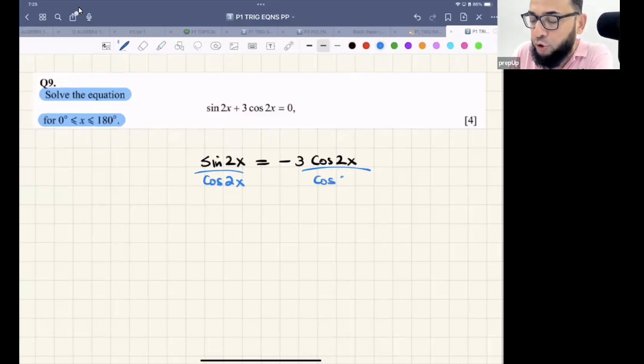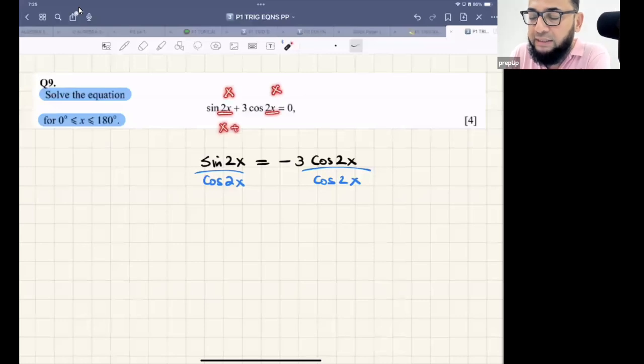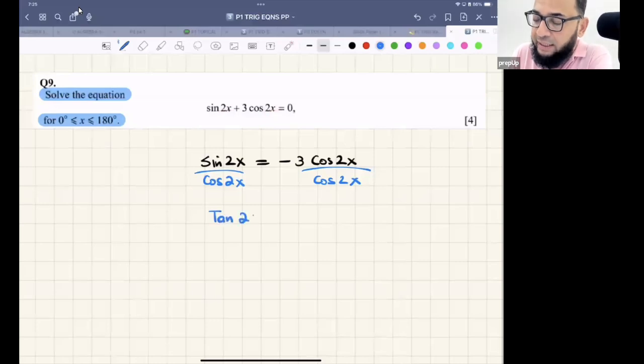As long as the angle is the same, it's not an issue whether it is 2x, x, or x plus 10 degrees. Sine over cos is tangent. So therefore, we have tangent 2x equals negative 3.